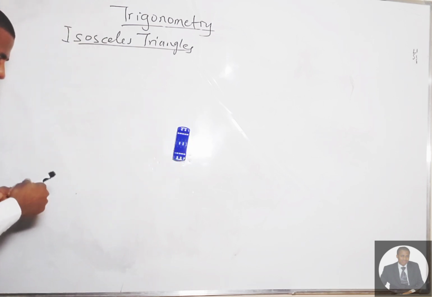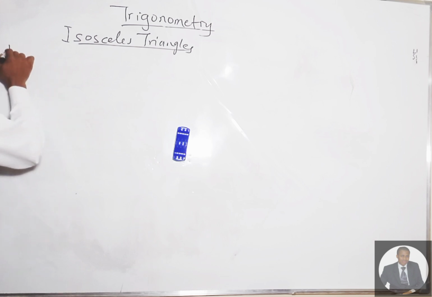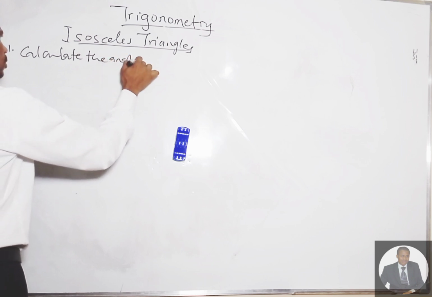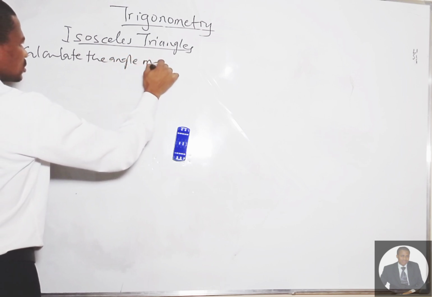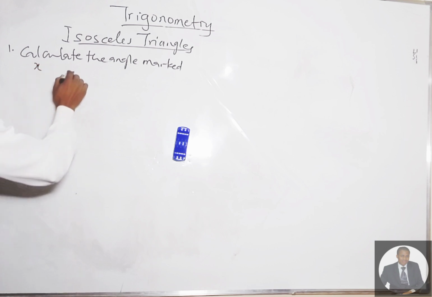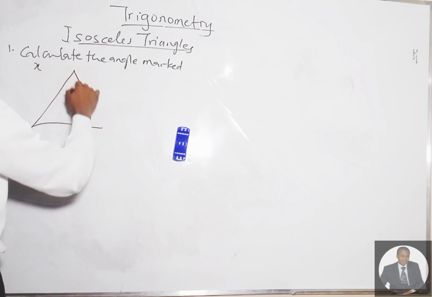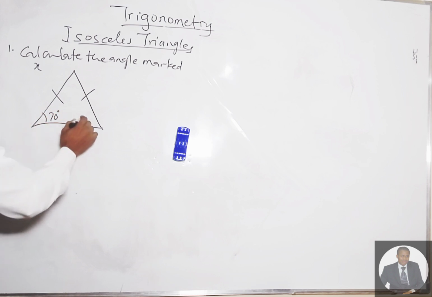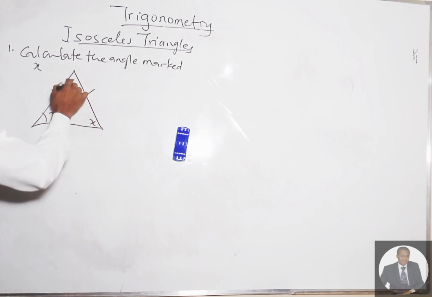Calculate the angle marked x in this triangle. This angle is 70 degrees. This is x and this is a.